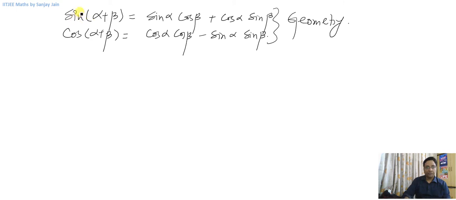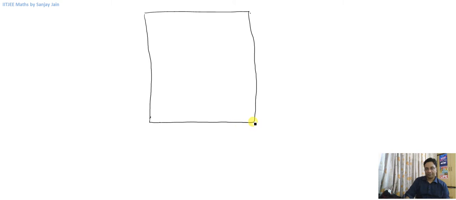Okay, so let me make a rectangle here. Let us say this is a rectangle. This might not look like a rectangle, but this is a rectangle, so these angles are 90 degrees each.